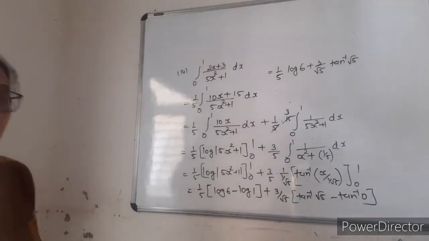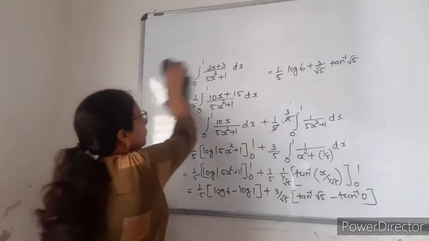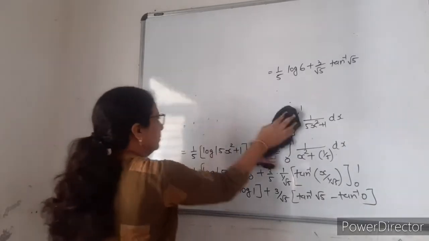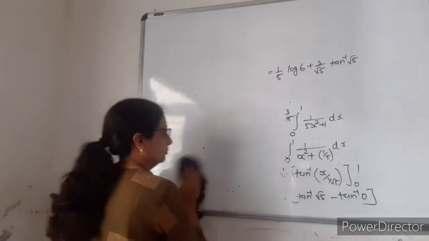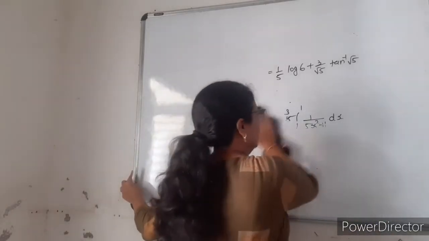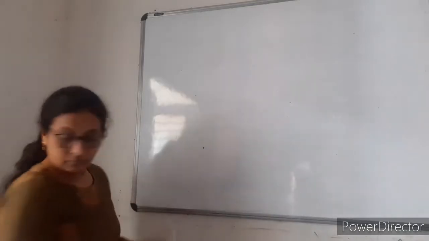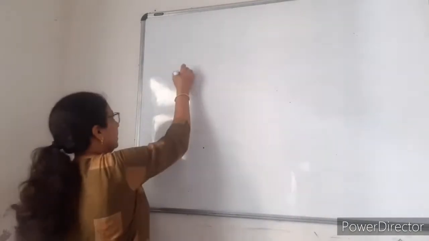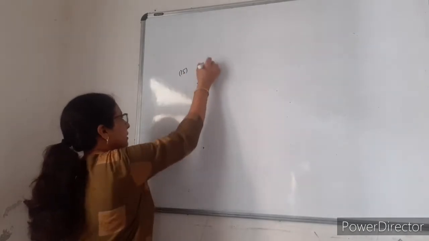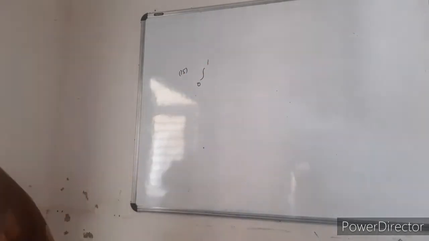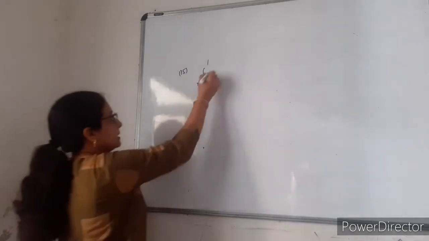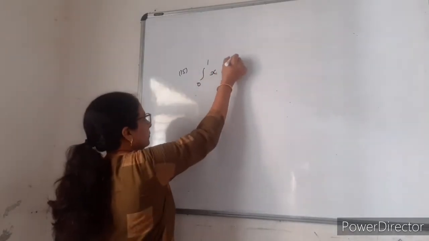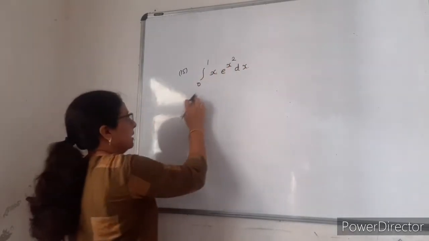Okay. So now question number 15 has integration 0 to 1 x e raised to x square dx.